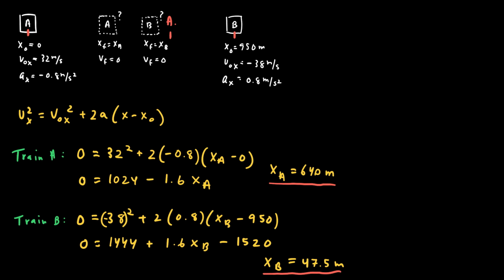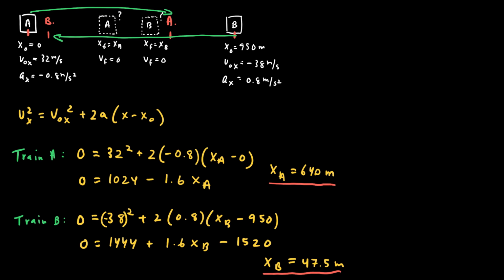And so in the picture up above, the final position of train B is going to be quite close to where train A starts, maybe somewhere like right here, I'm not quite sure. And so what this means is, in order for train A to get to its final position, it needs to do something like this. And in order for train B to get to its final position, it needs to do something like this.